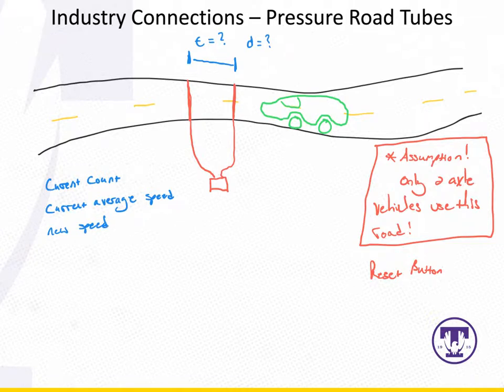So we have some current average speed, and another car comes down the road and runs over the tubes. Now we have a new speed. Given the current number of vehicles that have gone down the road, the current average speed, and this new speed, you should be able to calculate from that the new average.